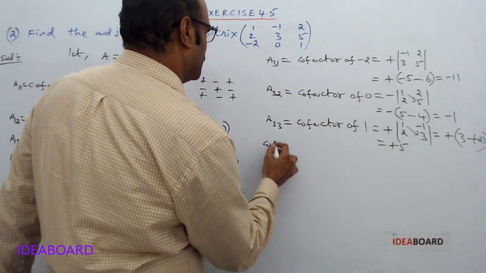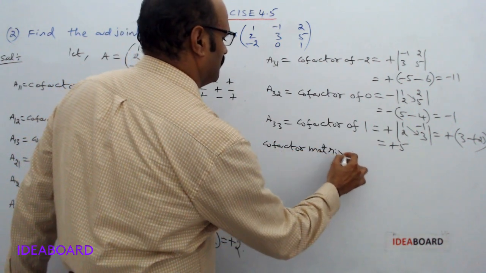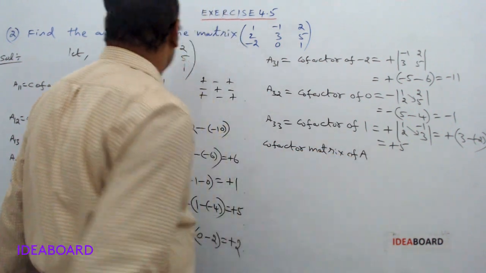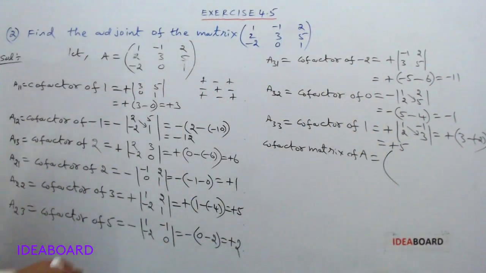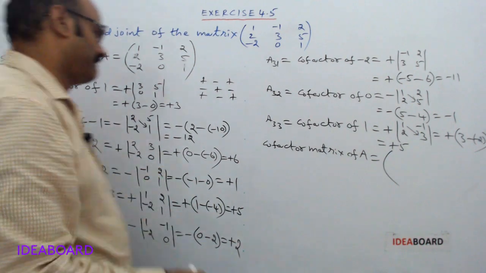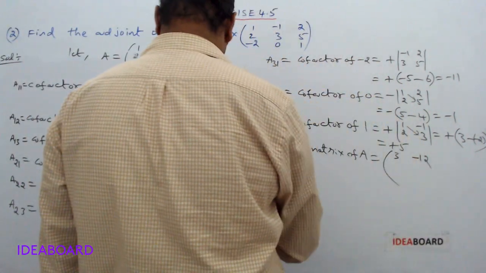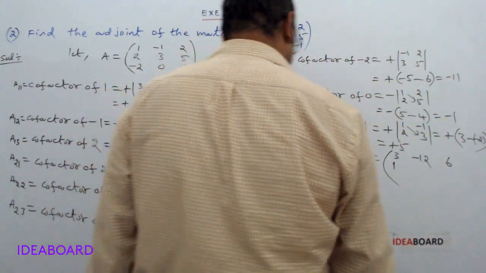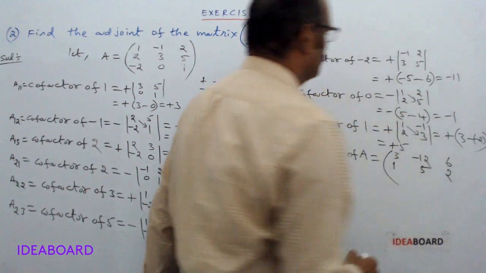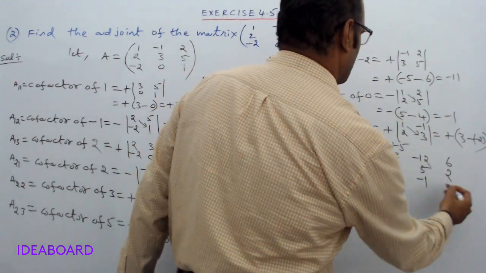Now cofactor matrix of A equal to, we have first element plus 3, 3 minus 12, 6, 1, 5, 2, minus 11, minus 1, 5.